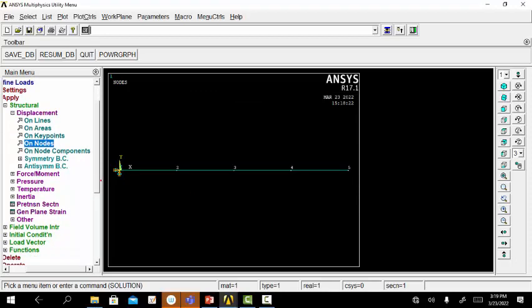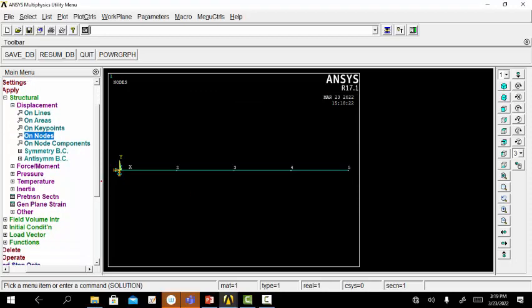Then apply the uniformly varying load step by step from the rightmost extreme, starting from zero, and the maximum loading condition is acting on the leftmost position. Okay, so pressure on beams.